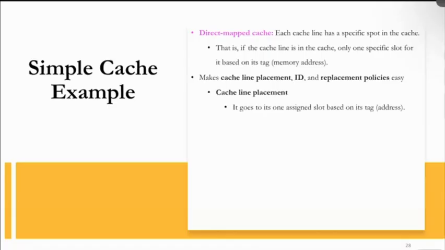As mentioned, cache line placement means it goes to its one assigned slot based on its tag, and cache line identification means it looks at the tag of the assigned slot by following the cache line matching algorithm, that is, the incoming tag is equal to the stored tag.